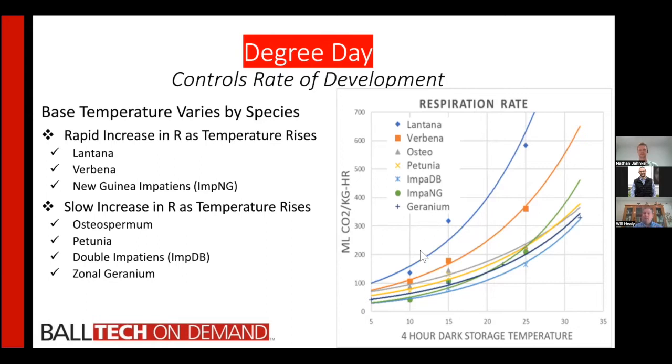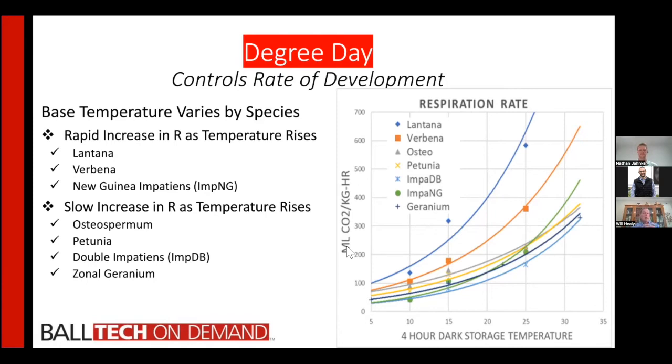But from that research we found a very interesting set of results, which showed us that crops like lantana, the blue line, and you look at how much is the respiration rate, and how they measure it is they measure how much CO2, which is a measurement of respiration, is produced per kilogram per hour of plant tissue.